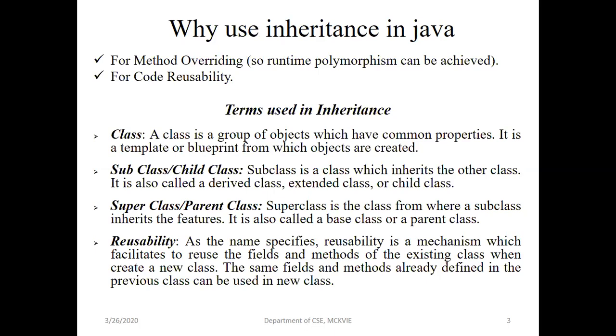Class: what is a class? We are already aware of it. A class is a group of objects which have common properties, and it's nothing but a template or blueprint from which objects are created.